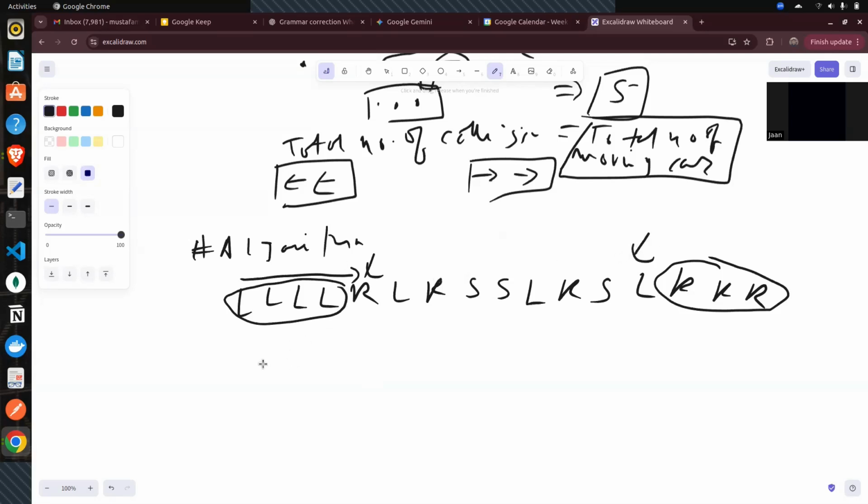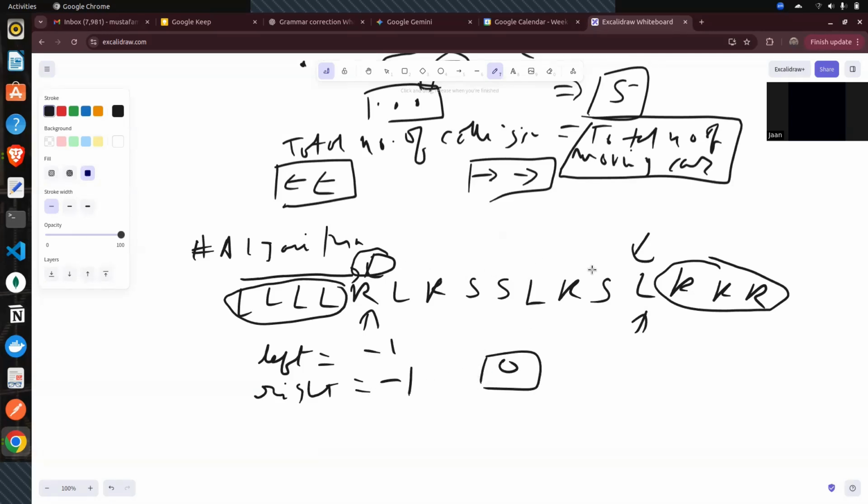One thing is we can create a variable left. This will calculate this position, and right will calculate this position, and we will initiate them from -1. If left remains -1 or right remains -1, the answer is 0.